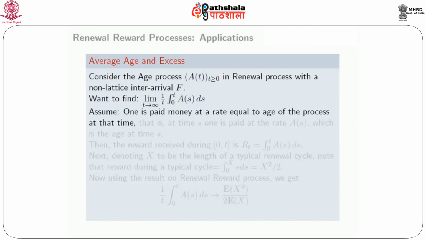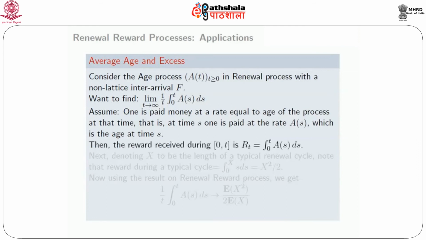To go about it, assume that one is paid money at a rate equal to the age of the process at that point in time. That is, at time s, one is paid at the rate A_s, which is the age at time s. Thus, the reward received during 0 to t, which is R_t, would be nothing but the integral from 0 to t of A_s ds.